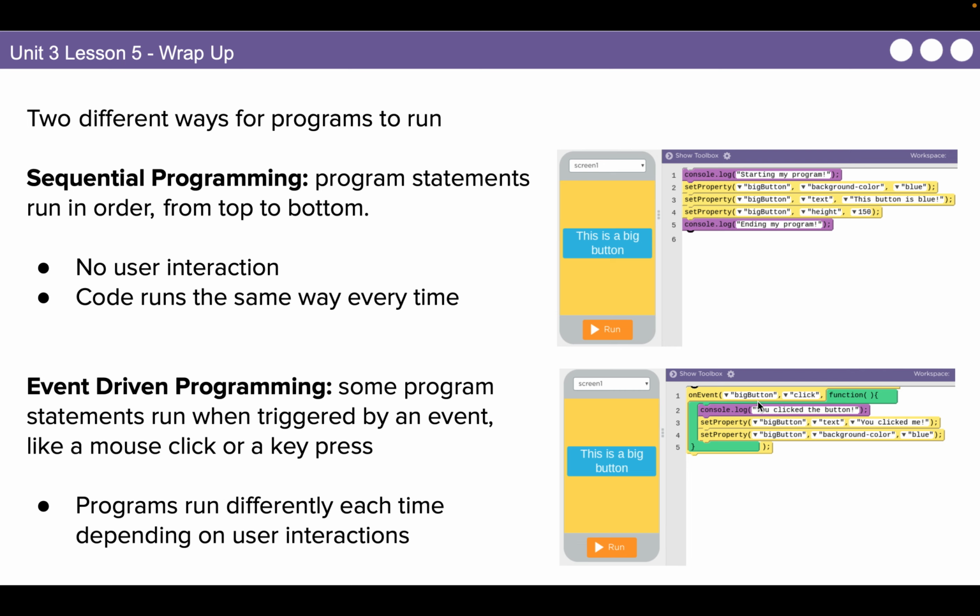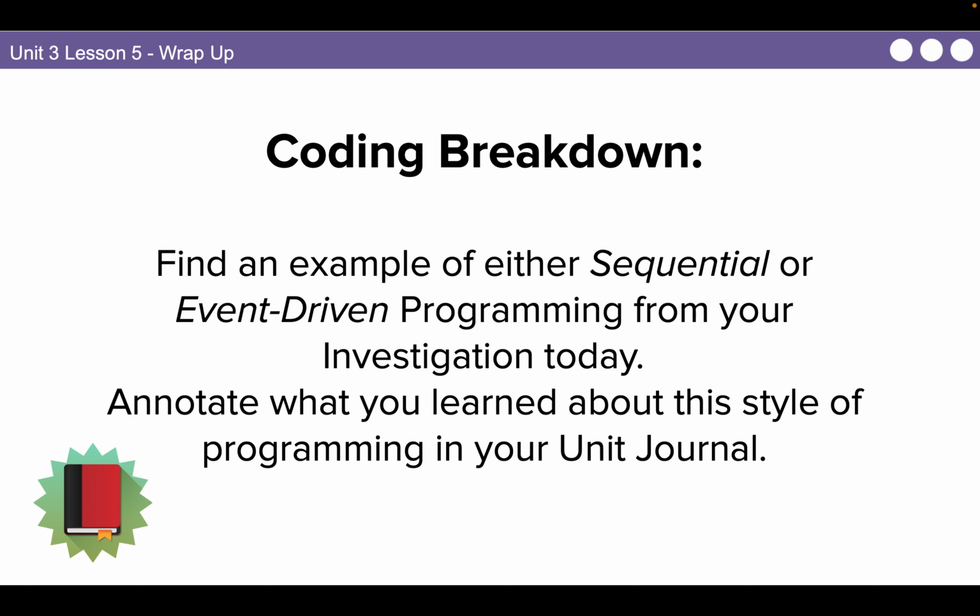And so that could cause programs to run differently each time, depending on what the user does. When do they click the button? How many times do they click the button, for example? And so you need to be pretty aware of that difference and be able to predict exactly what will happen in some code if you saw a mixture of sequential and event-driven.